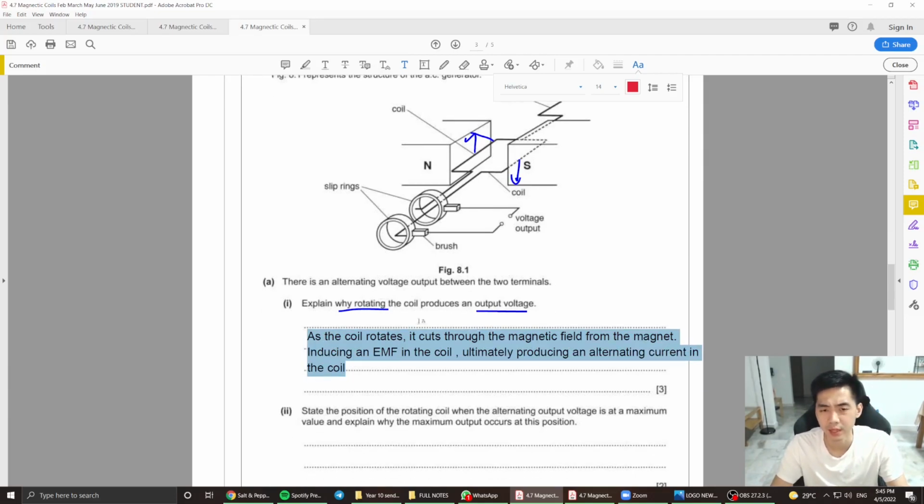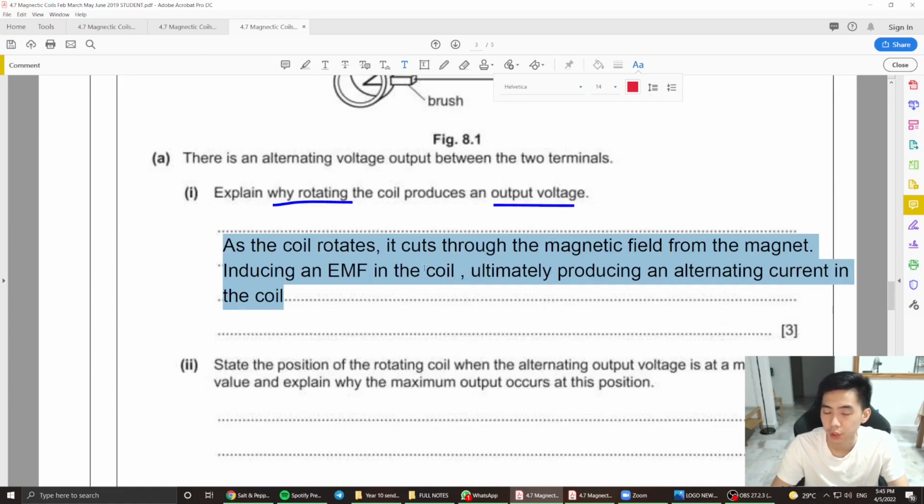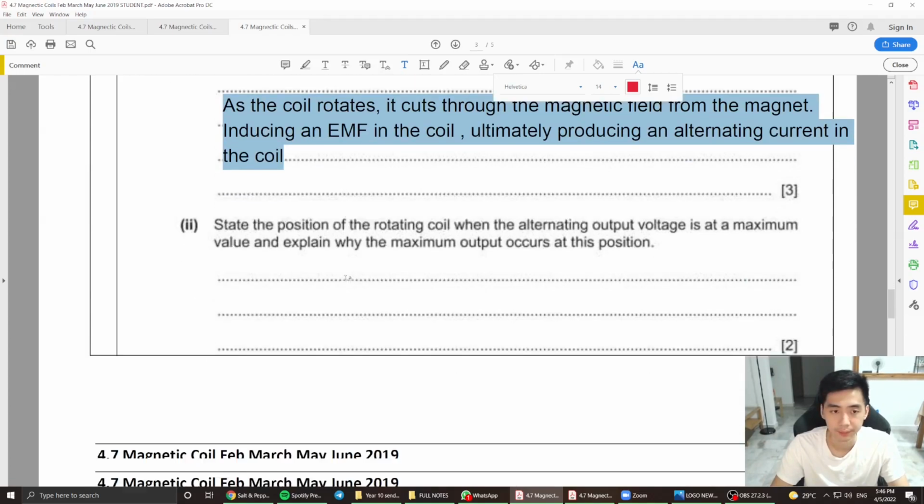Alright, whenever you get these kind of questions here, always remember that you're supposed to answer it in terms of the electromagnetic induction procedure here, guys. Always the keyword here is the magnetic field being cut. As long as you cut through the magnetic field, it will generate EMF first, then current will be flowing in the coil. Okay, so this is your standard answer here.